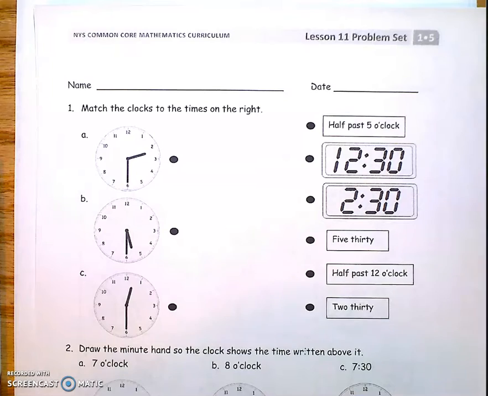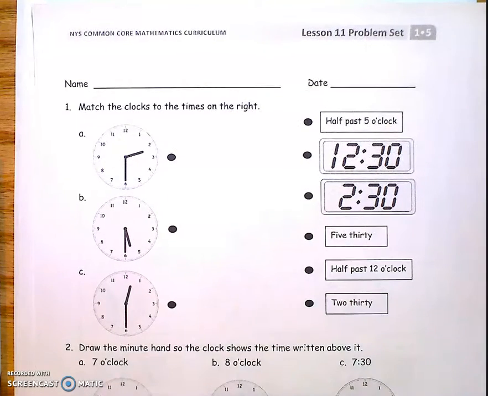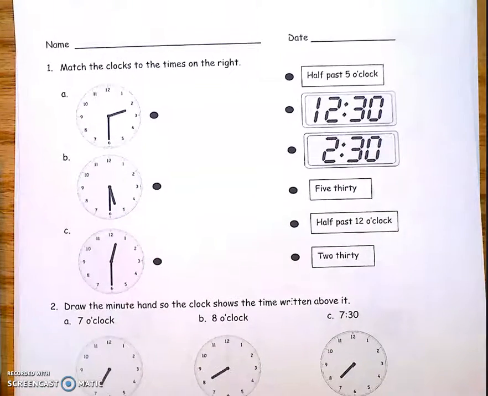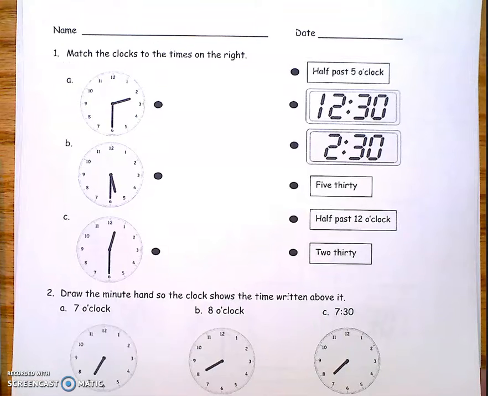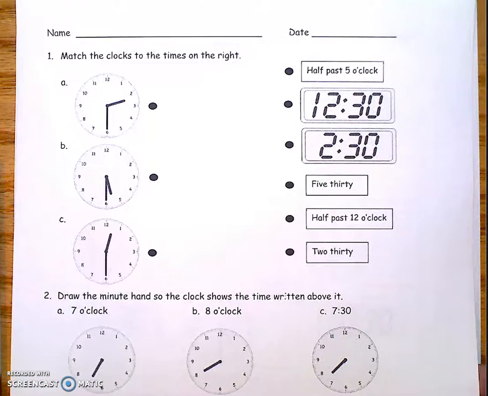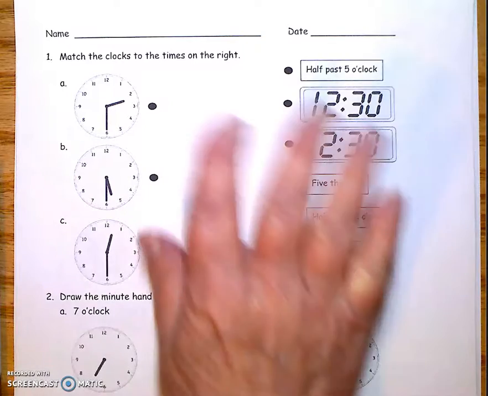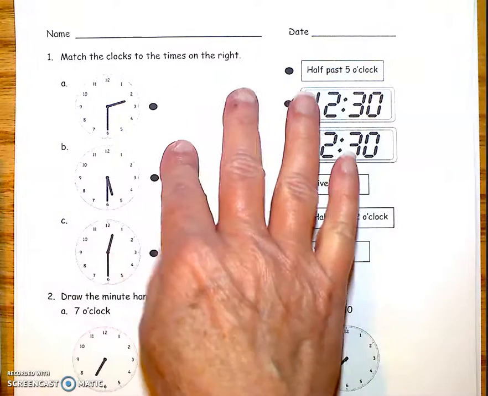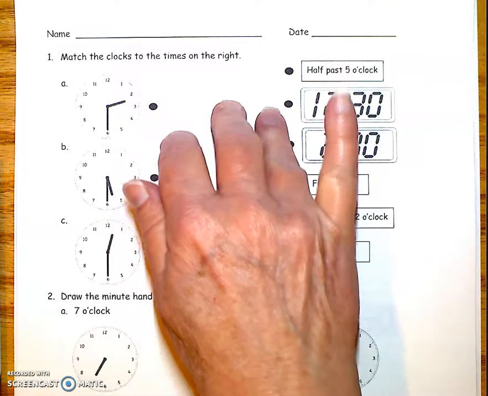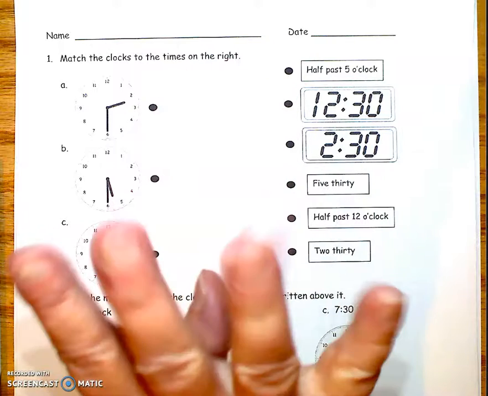Oh my goodness. I don't have page numbers on this one. I'm sorry. Please write your name. Please write the date. You can use numbers. Remember, April is the 4th month. January, February, March, April is the 4th month.